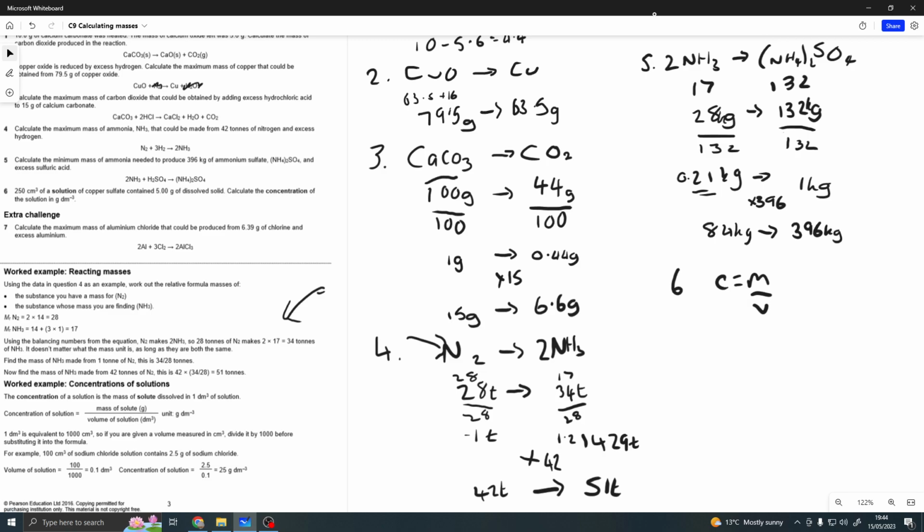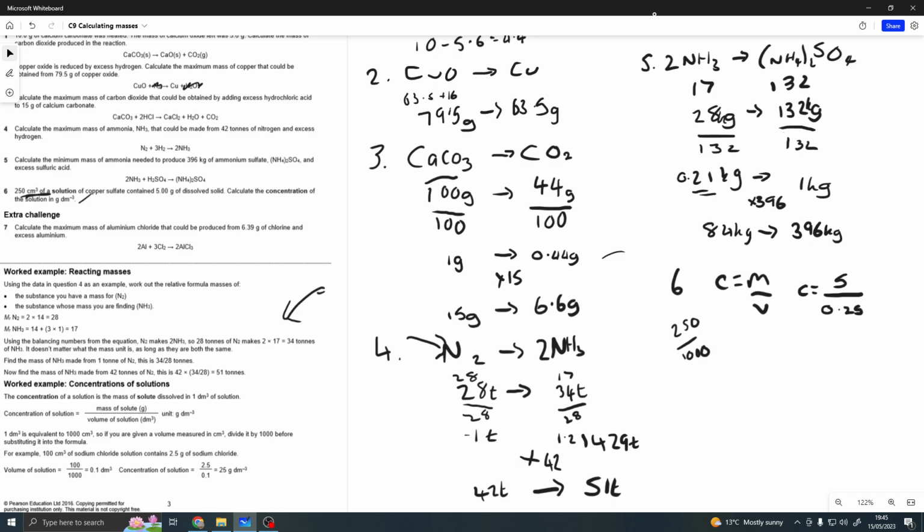So the first thing we need to do, you can do all this in the formula if you like, is 250 divided by 1,000 to change the centimeters cubed into decimeters cubed. Now this means essentially we've got C equals 5, because 5 grams is our dissolved solid, divided by 0.25, which is our volume in decimeters cubed.